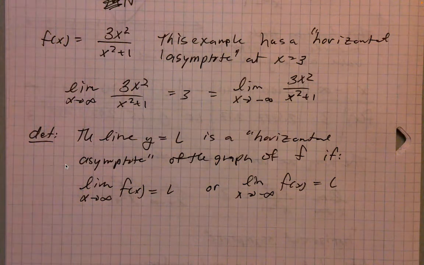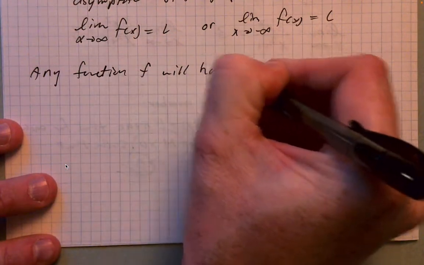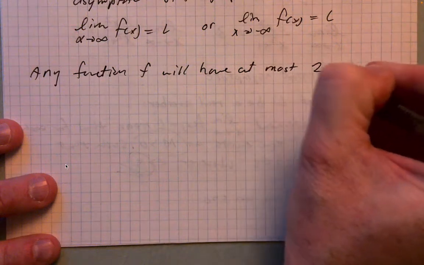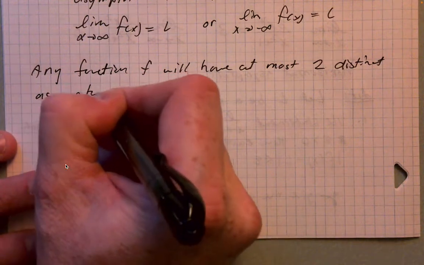So basically, the idea of a limit at infinity and a horizontal asymptote are identical. So they coexist, right? They depend upon each other. So it follows from this definition that any function f will have at most 2 distinct horizontal asymptotes, right?